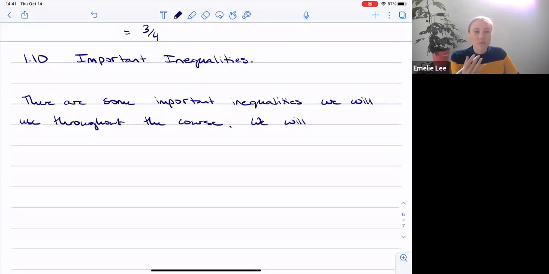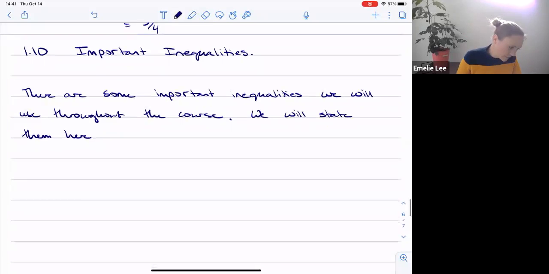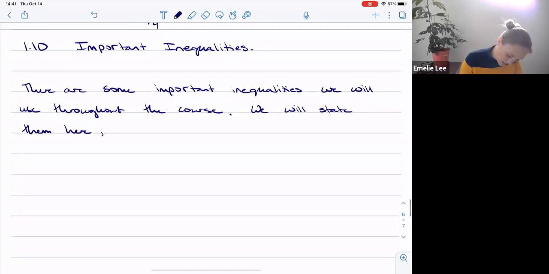I might get you to do mini proofs, but I'll set you up and I'll warn you if that happens. So we will state them here. You can find the proofs in the textbook.